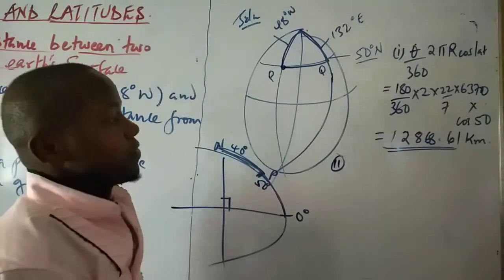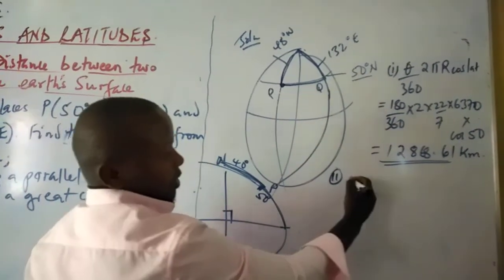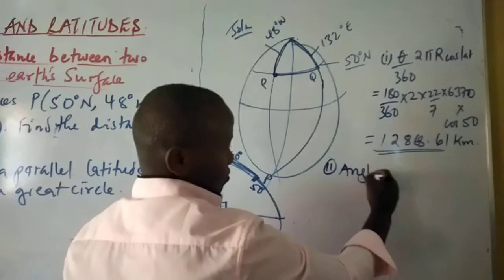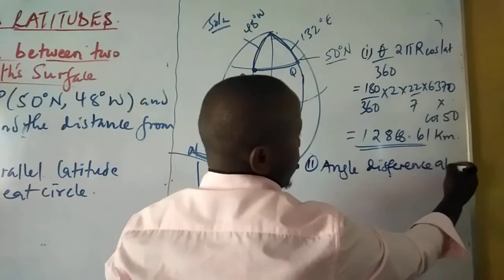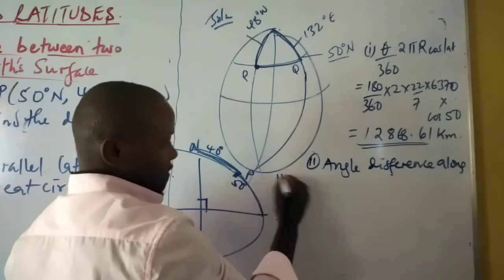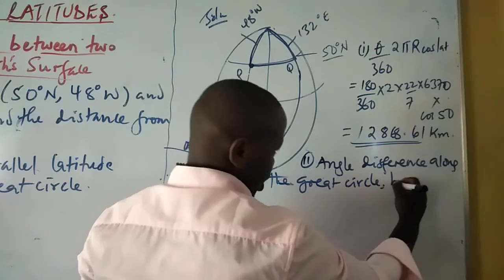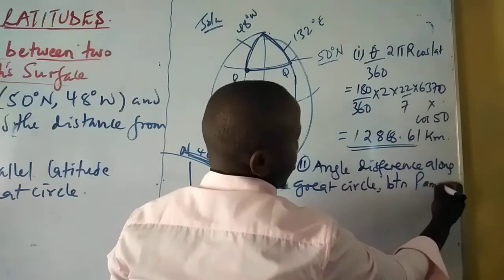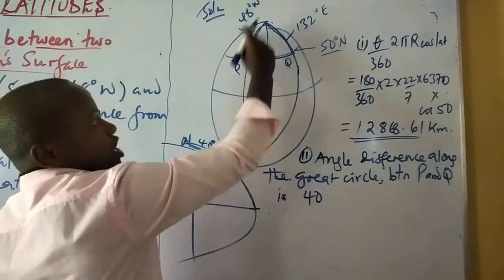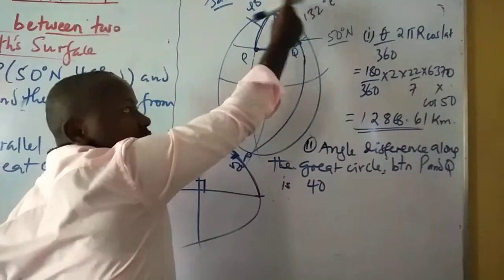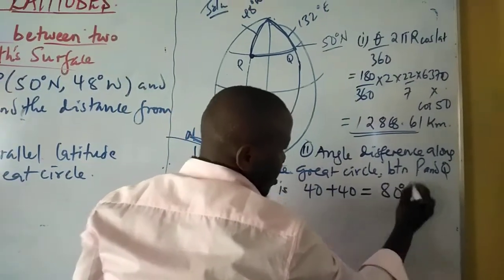Therefore, the angle difference along the great circle between P and Q is 40 up to the north, then from north to Q another 40, which is 80 degrees.